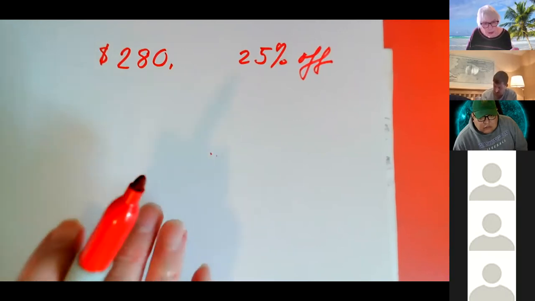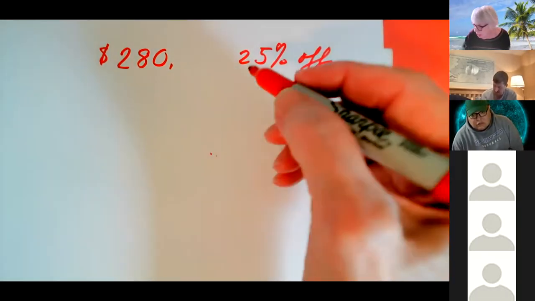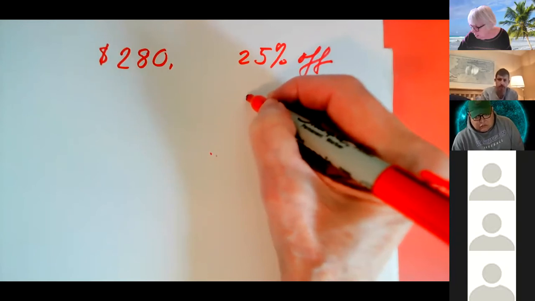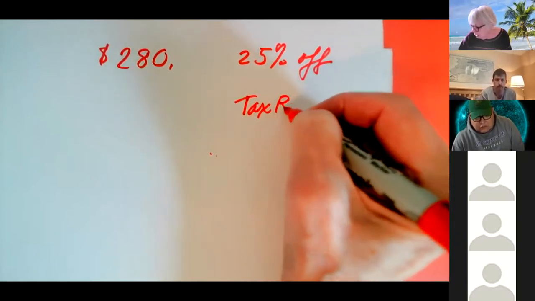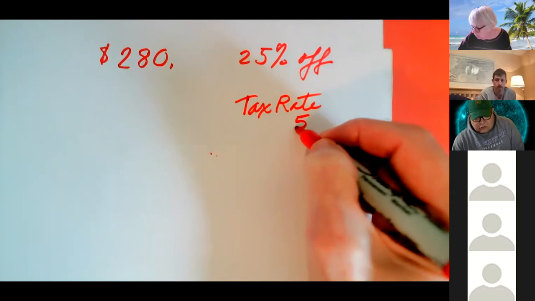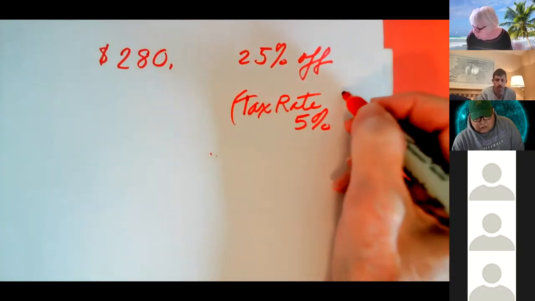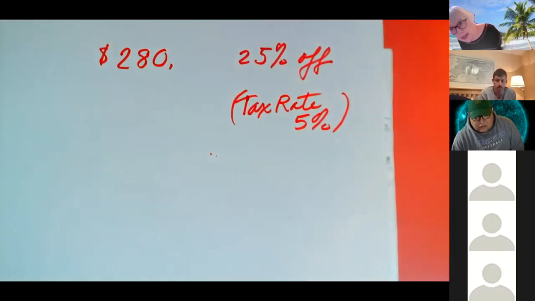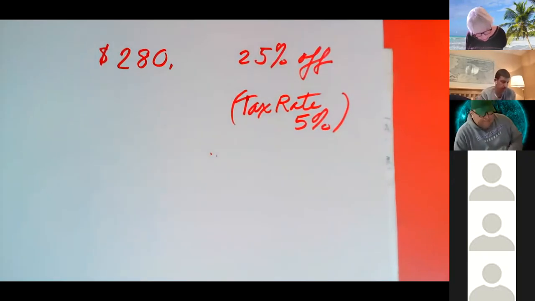They threw in an extra thing here. The tax rate is 5%. They're going to add that on at the end, but let's keep that in mind. What is the total price of the tennis racket if it's purchased during the sale?